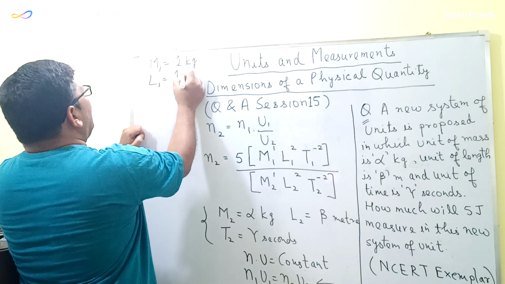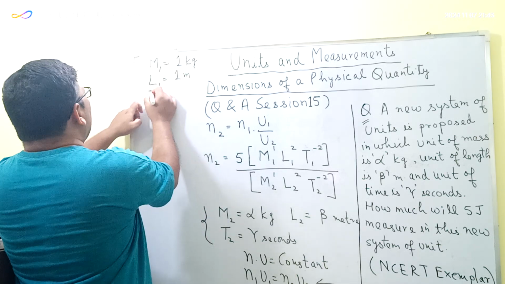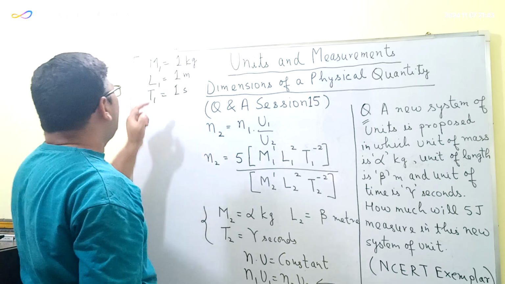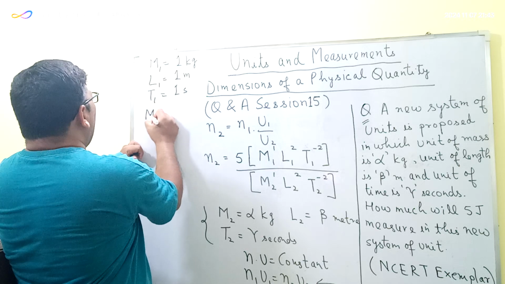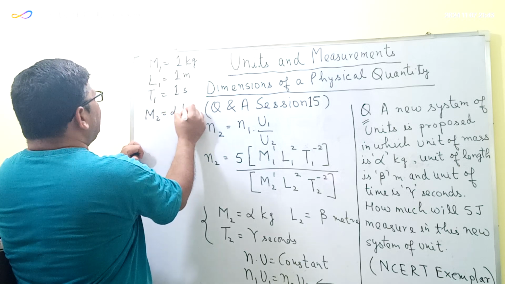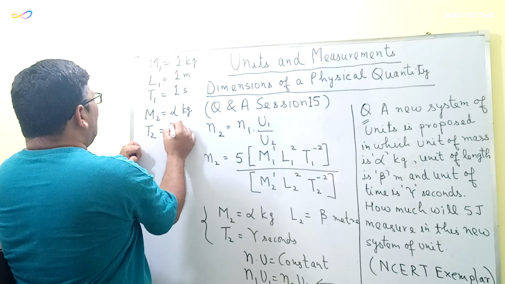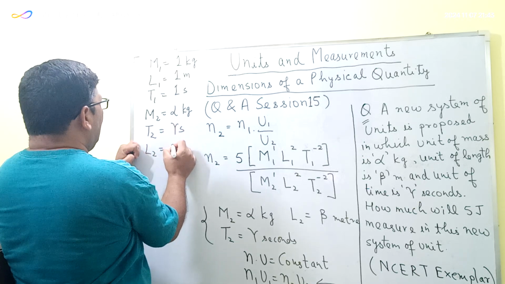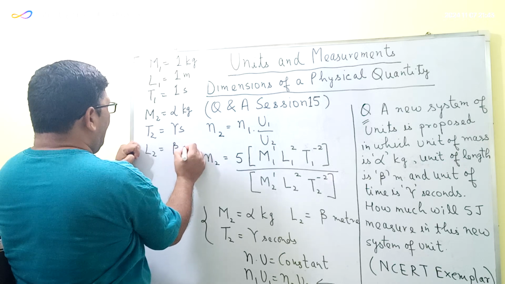L1 is equal to 1 meter, which is the unit of length in the SI system of unit, and T1 is equal to 1 second, which is the unit of time in the SI system of unit, and M2 is equal to alpha kg, T2 is equal to gamma seconds, and L2 is equal to beta meter.